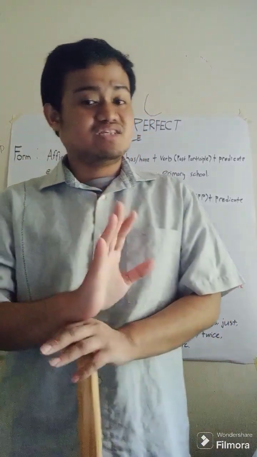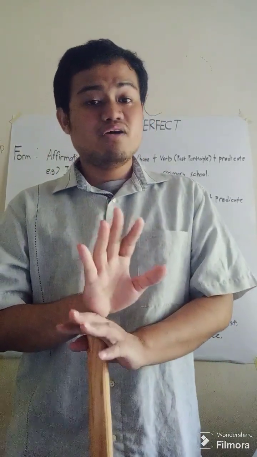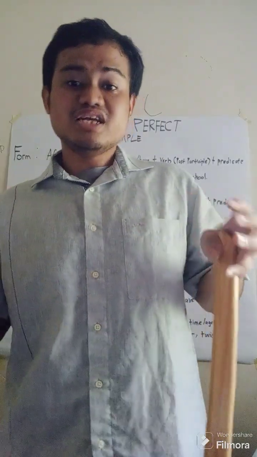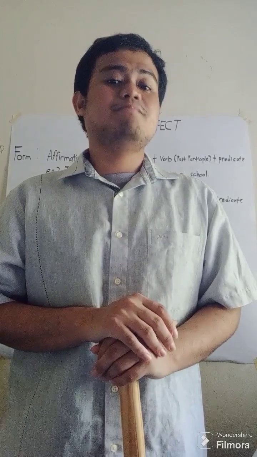Okay, the structure is as follows: WH question plus verb to have plus subject plus verb past participle plus predicate. For example, what have you done this time? Or where has the team been for their training? Okay, and lastly, how long has the rain been pouring? Alright, don't forget to put the question mark at the end of the predicate.